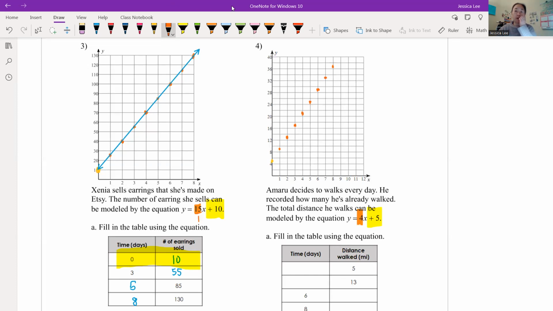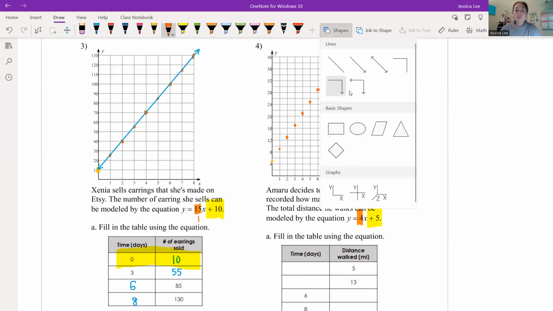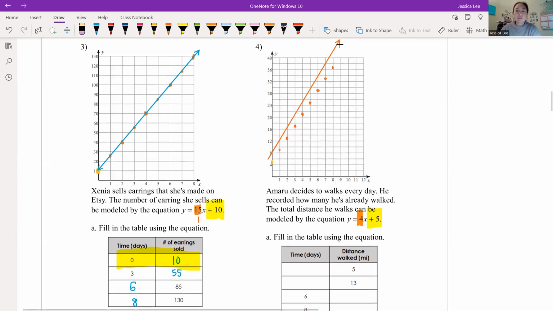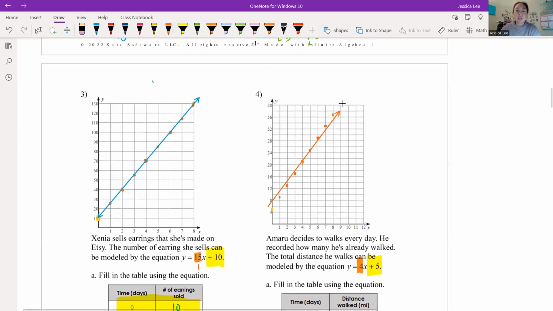Okay, so now we're going to draw our line just like how we did before. No, this is not that good. Let's try to make it. All right, so you're going to draw your line. It's good to use a ruler.